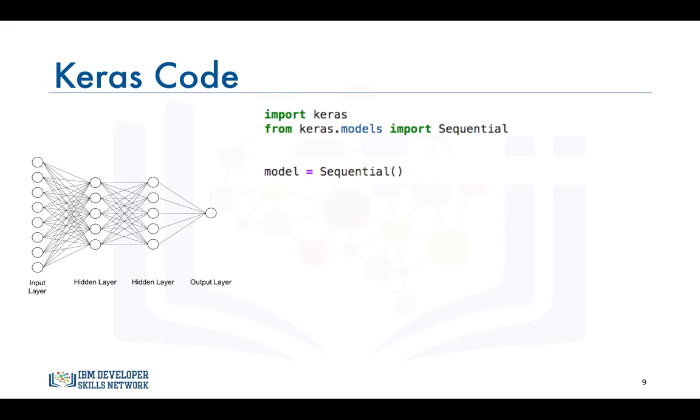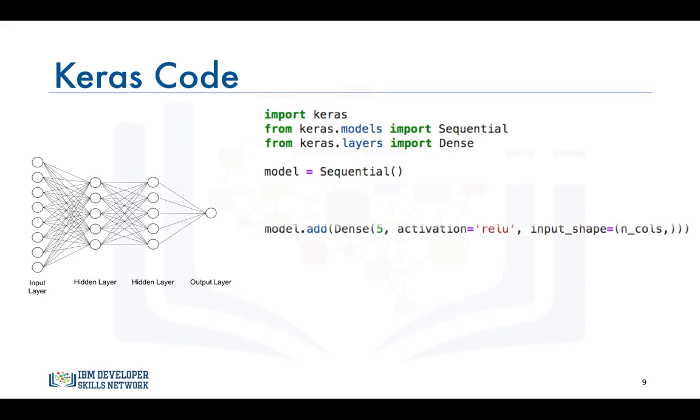Now, building your layers is pretty straightforward as well. For that, we would need to import the dense type of layers from keras.layers. Then we use the add method to add each dense layer. We specify the number of neurons in each layer and the activation function that we want to use.